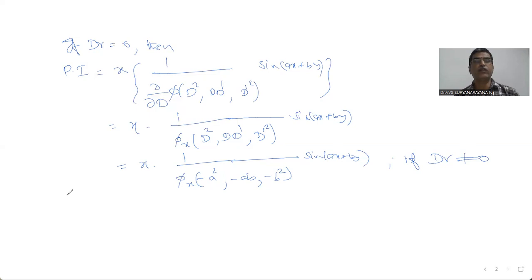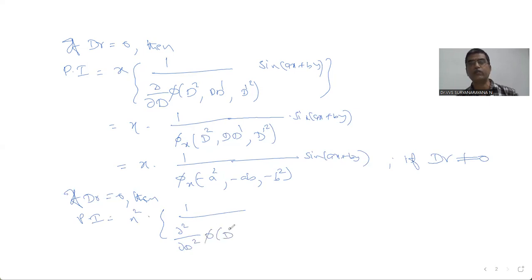Again, in case if denominator becomes 0, then repeat the same process. That means multiply with another x square, and in place of denominator, write its second derivative with respect to d partially. Find dou square by dou d square of phi of d square d dash square, and then apply on sin ax plus b.